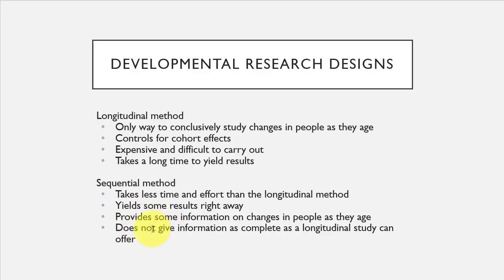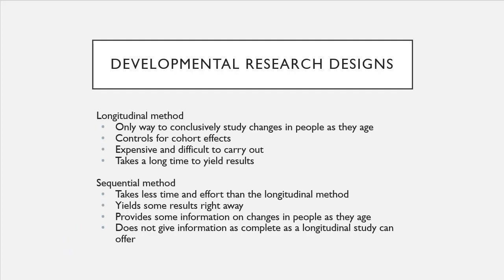We get some information on people as they change across their lifespan, but obviously, if we're doing the sequential method, we're going to miss some data. It does not give information as completely as a longitudinal study can offer. But in cases where we can't use a longitudinal study and we want more information than a cross-sectional study, a sequential study is pretty good.